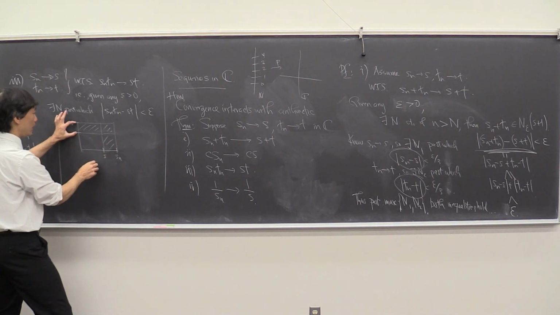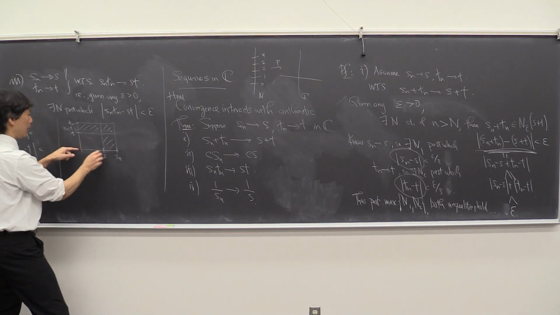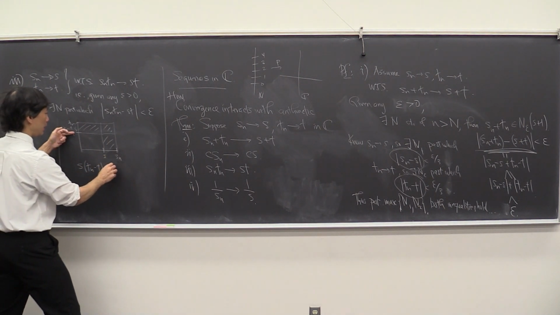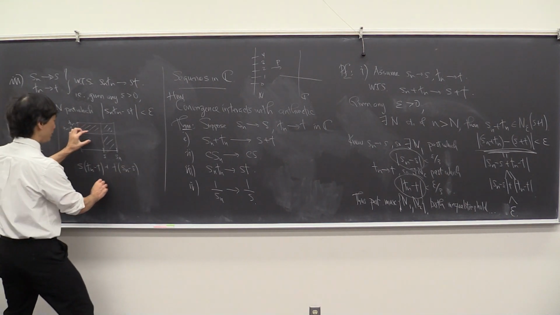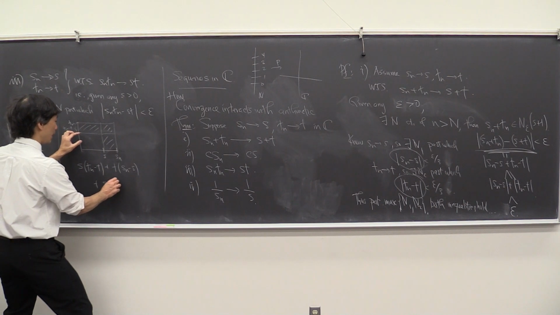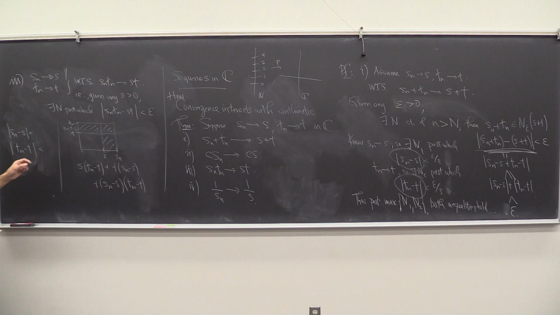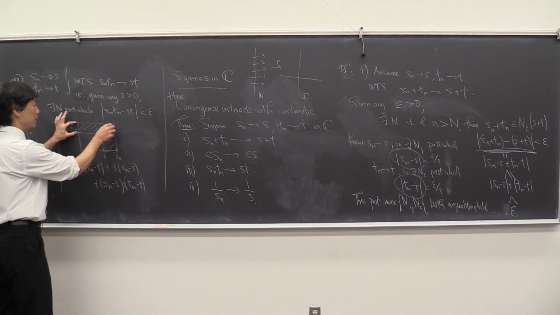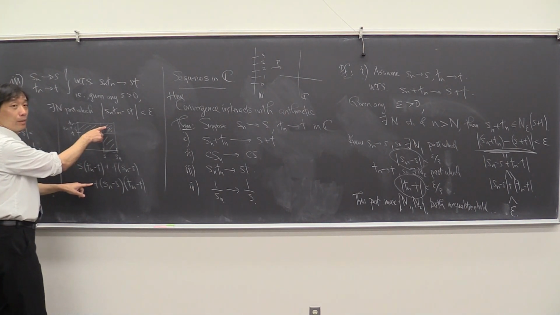This length here is Tn minus T, so I've got S times Tn minus T. I also have T times Sn minus S. And then I also have Sn minus S times Tn minus T. Sn minus S is this length, Tn minus T is this length, so this is this box right here.